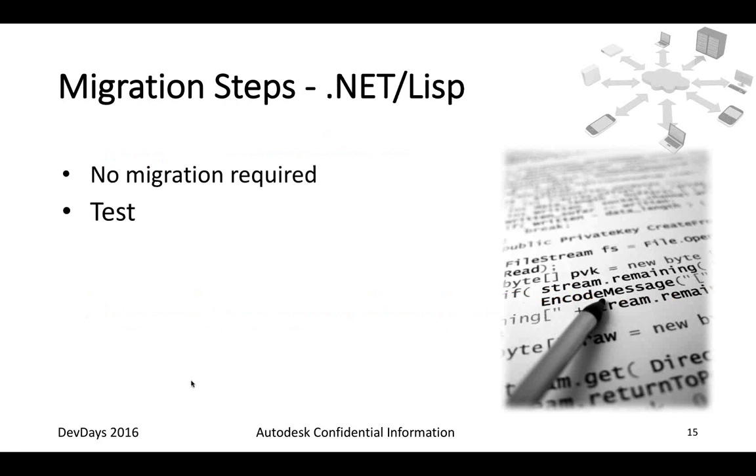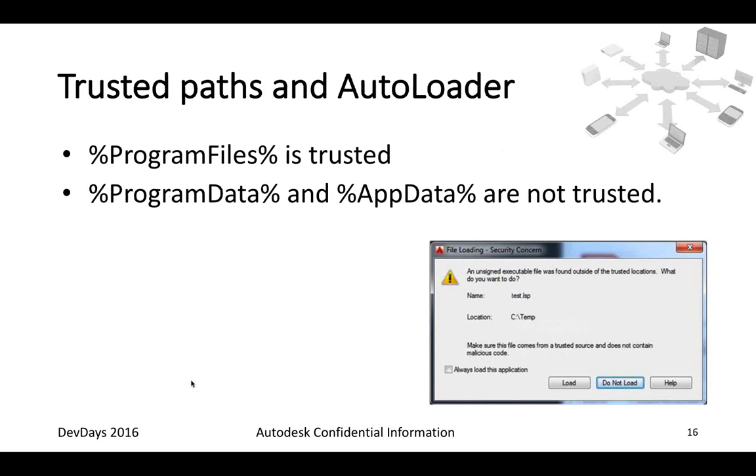For .NET and Lisp applications, there is no migration required. We are just updating the .NET version, so all previous applications with .NET should be compatible. But of course, just test and make sure everything's still working. We're making some changes on the trusted path and for autoloader. Now Program Files is trusted, while ProgramData and AppData are not trusted.